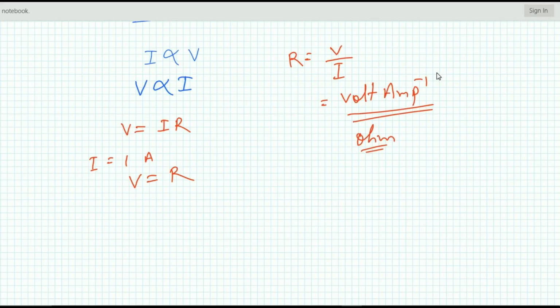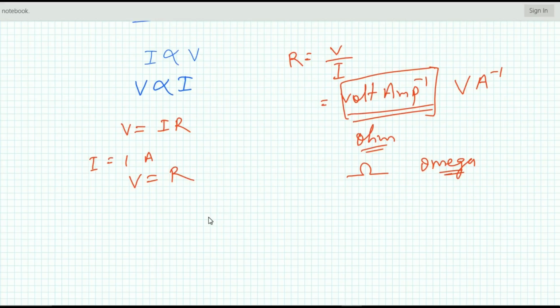We can also write it as volt ampere minus 1. This symbol is known as omega, and we symbolize resistance with this symbol, which we notice in many electrical drawings.